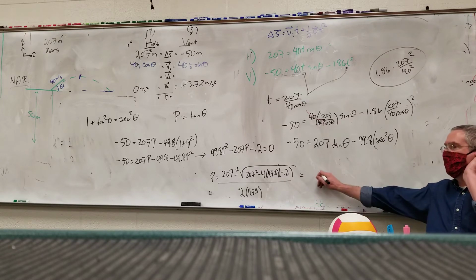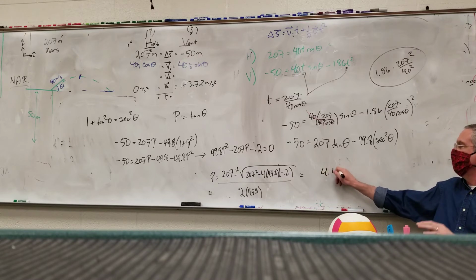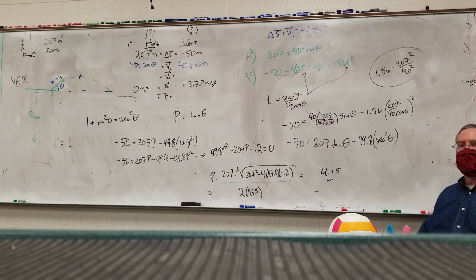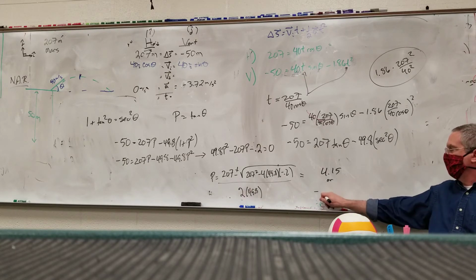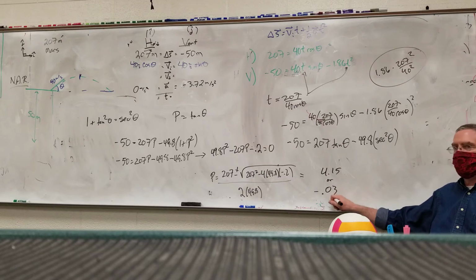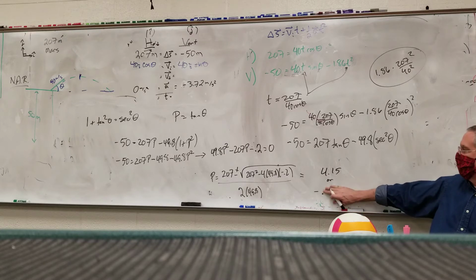What do you get? 4.15. Or negative 9.65. I did that right.